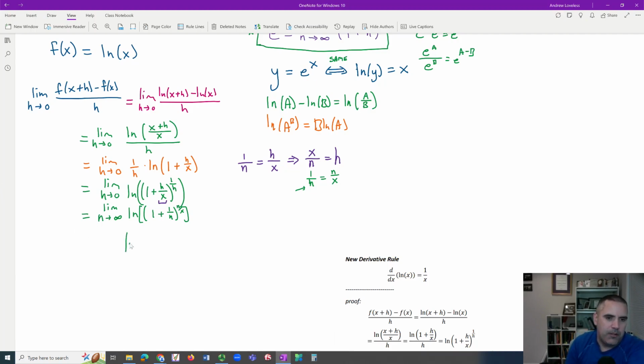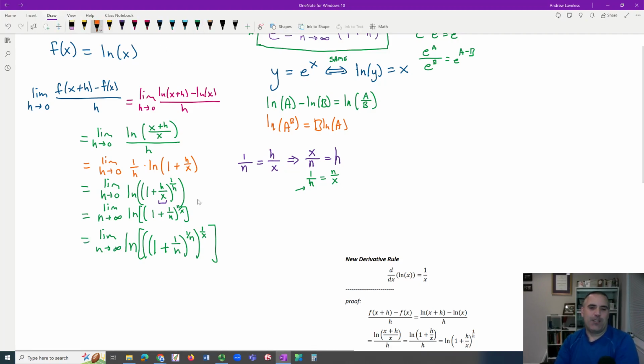We have the log, and I just have to put it in a lot of parentheses. I was trying to make it look exactly like our result. We have this, all raised to the 1 over x power, and all inside the log. This is not a very clean proof I'm giving, but we're getting it done.